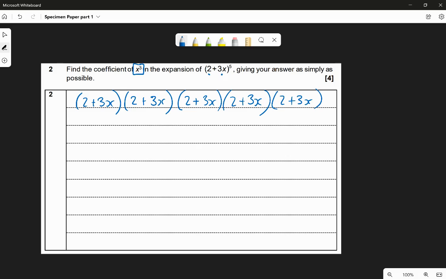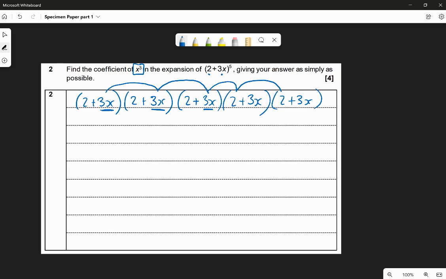In order to get an x cubed term, I have to multiply the x term by another x term by another x term. If I've done 3x multiplied by 3x multiplied by 3x, in order to keep it as x cubed and not turn it into x to the power of 4 or 5, I need to then choose the 2 from the other 2 brackets.